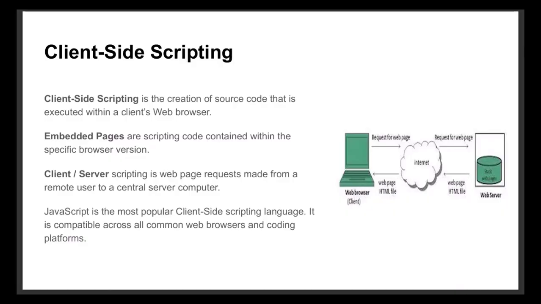Server-side scripting is with a client-server architecture. This is where all of our script code will be stored on a central server computer, and our remote users can access them through a request to that web server. Client-side scripting is when the individual user is programming code to be executed within the browser.